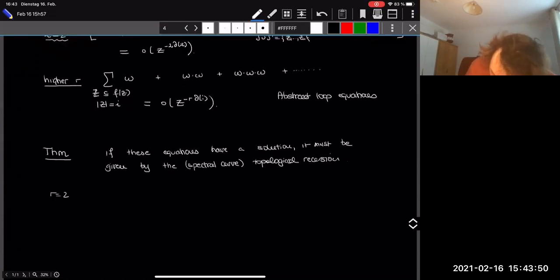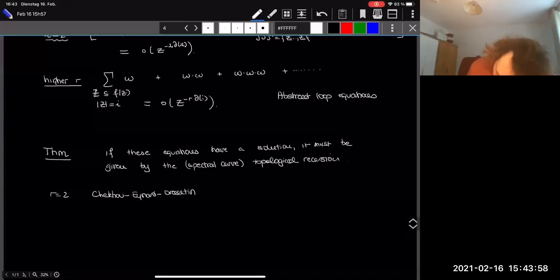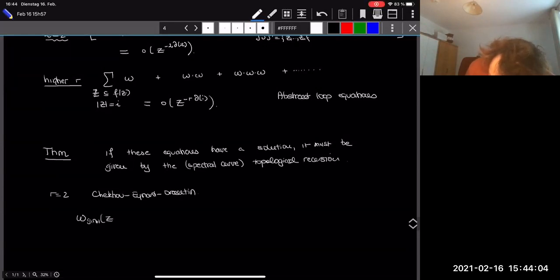So for r equal 2, this is the Chekhov–Eynard–Orantin form of the recursion, which is omega g, n plus 1, z1 ... zn, to be closer to what we had, is the residue at z prime equals 0 of the integral of omega 0 2 up to z prime.